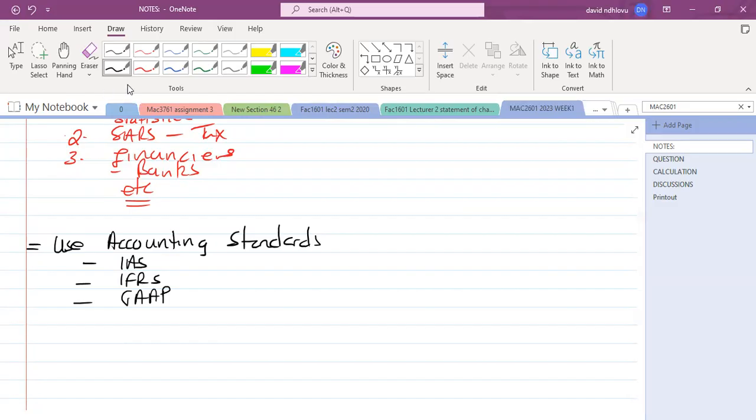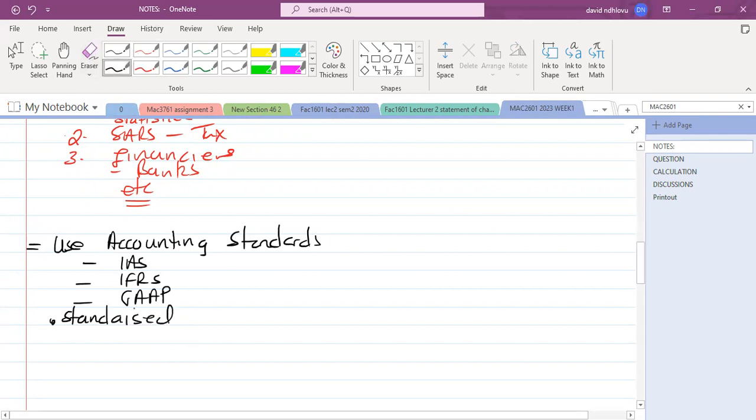This is because financial accounting reports should be standardized, should be the same from one company to the next.